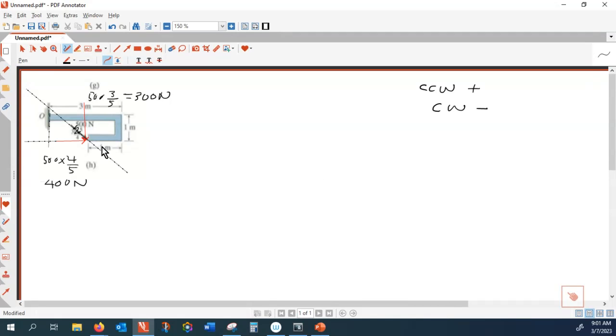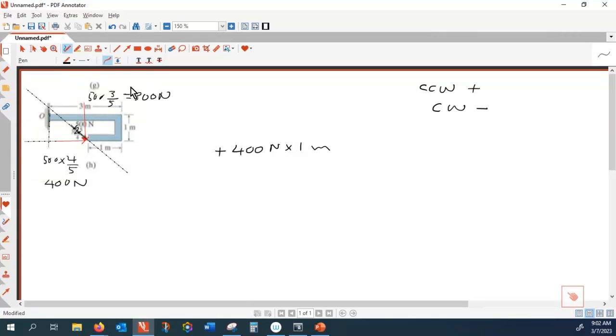These are the conventions to remind ourselves that one of them is positive and the other is negative. You could have made a convention in a different way, but this is just a convention. So we start with the horizontal one that makes 400 Newton multiplied by the shortest distance, which is 1 meter, positive.